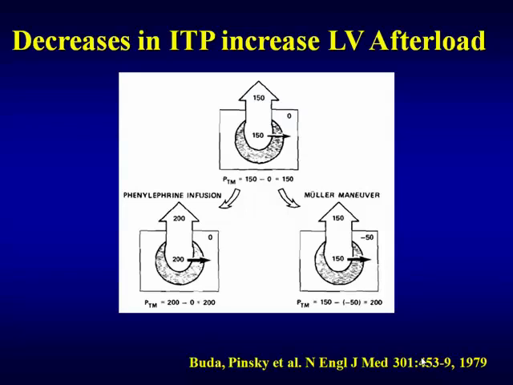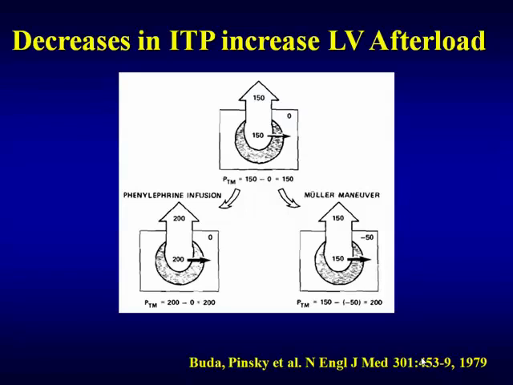If my arterial pressure is 150 and I've got zero pleural pressure, the transmural pressure of the heart is 150, yes? If I make the pleural pressure minus 50 and I keep the arterial pressure at 150, then the gradient across this is 150 minus a minus 50, or 200. That's the exact same thing as if I'd given a phenylephrine infusion to make the arterial pressure 200, right?